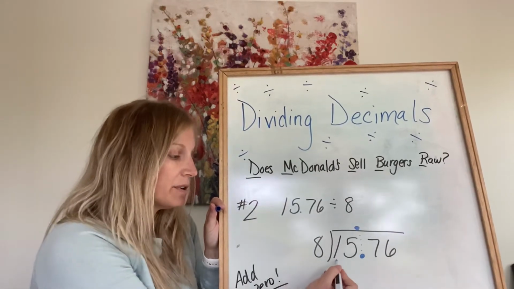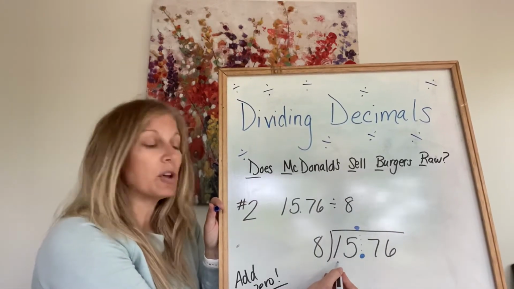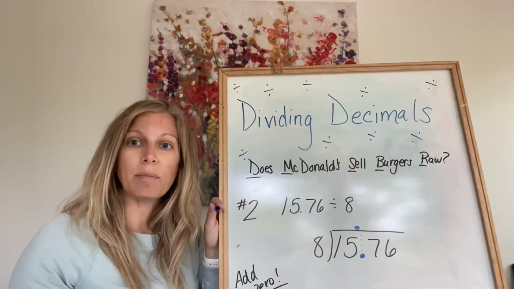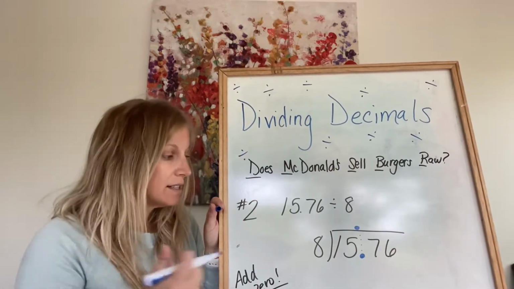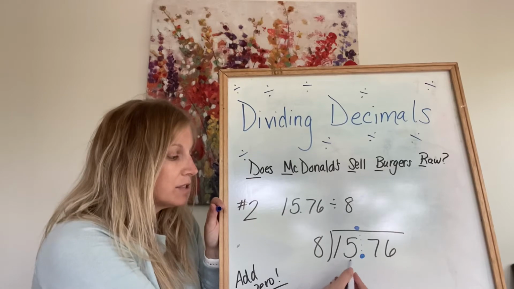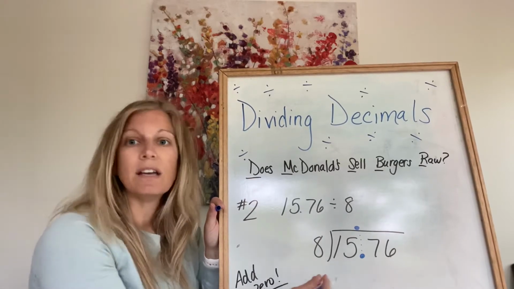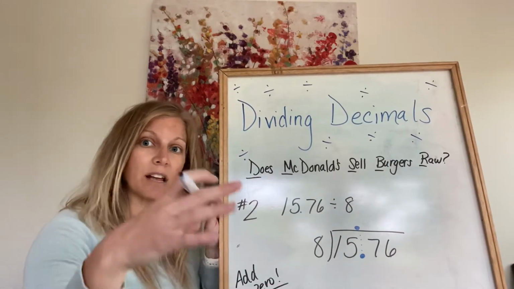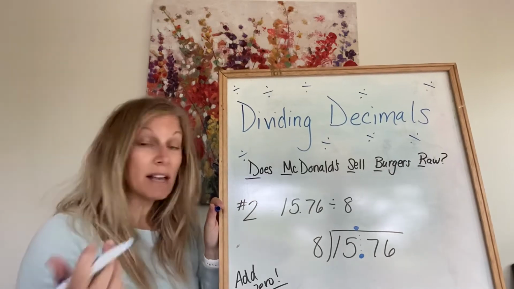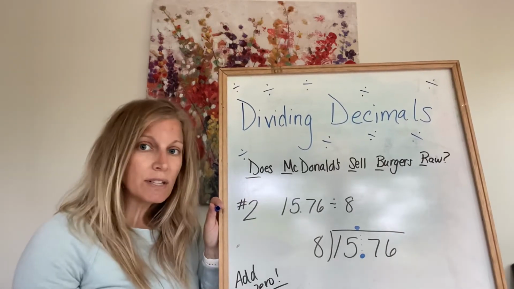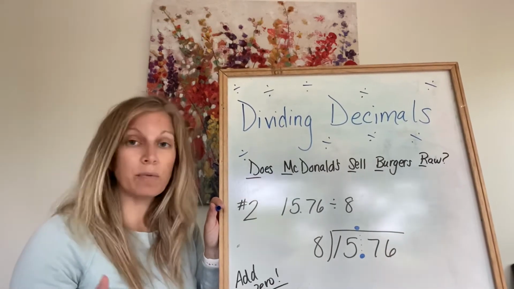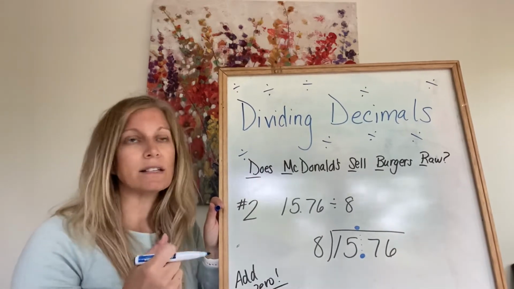So can 8 go into 1? No, if I have 1 apple, I can't make a group of 8. How about, can 8 go into 15? If I have 15 apples, can I make a group of 8? Yes, okay. Does it go in evenly? No. But we can make one group of 8 at least.